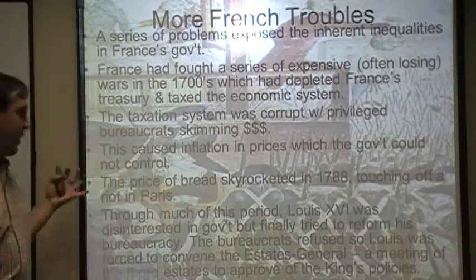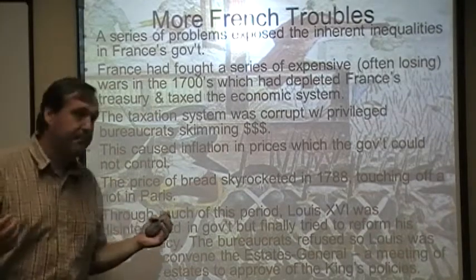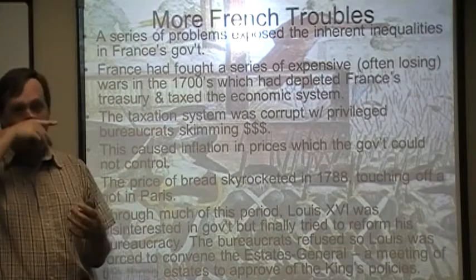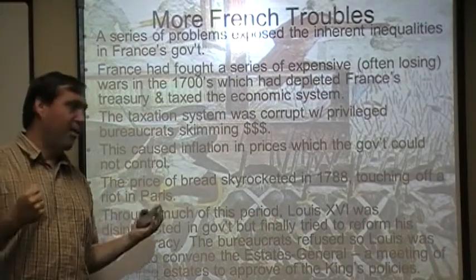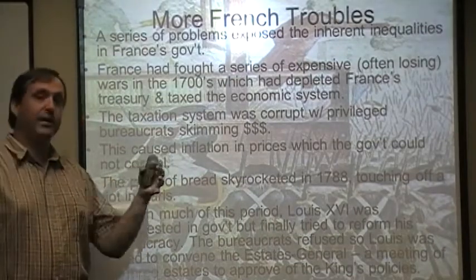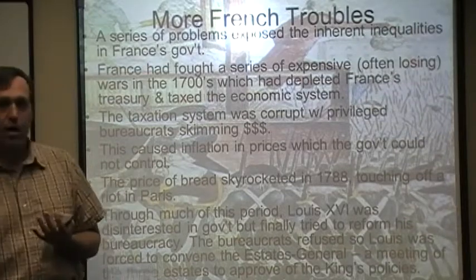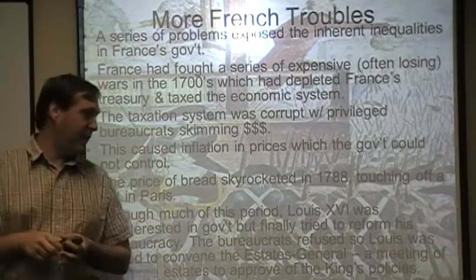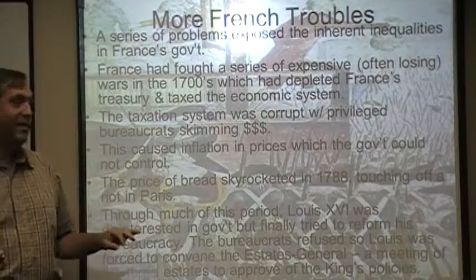The idea behind this is where you would have this meeting of the three estates. The king is going to go in, at least he hopes, and he says, okay, I need the political authority to make these big changes to the bureaucracy. We've got to fix what's going on. And once he gets that stamp, that imprimatur from the Estates General, he'll feel that he'll have the political oomph to get what he needs done. That's what he hopes is going to happen.